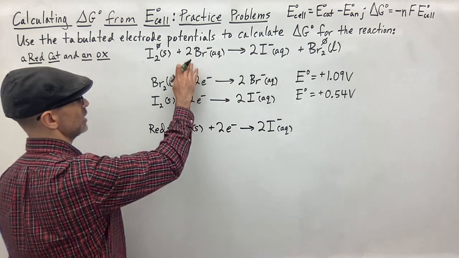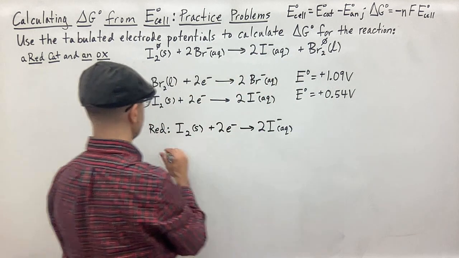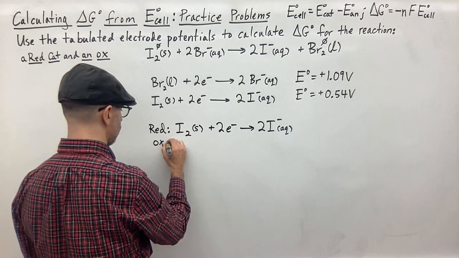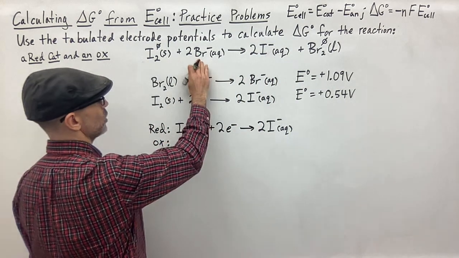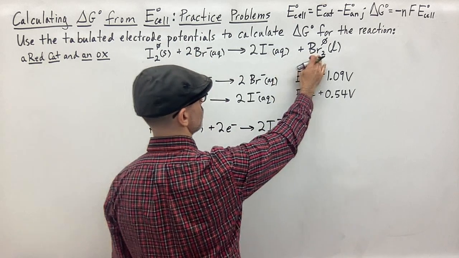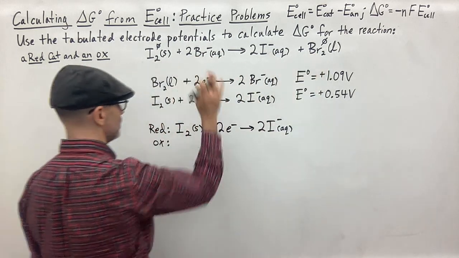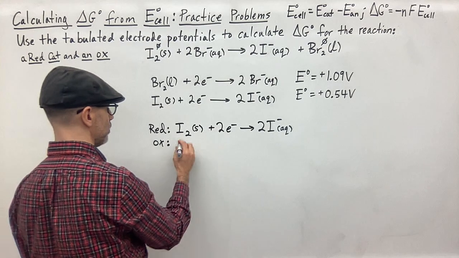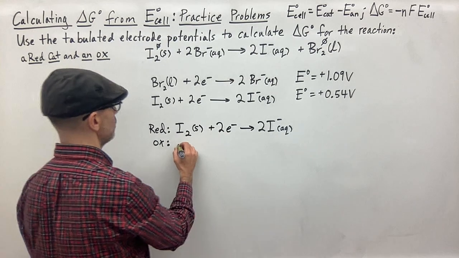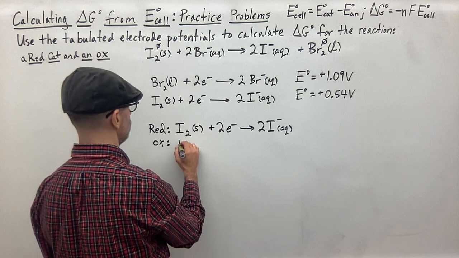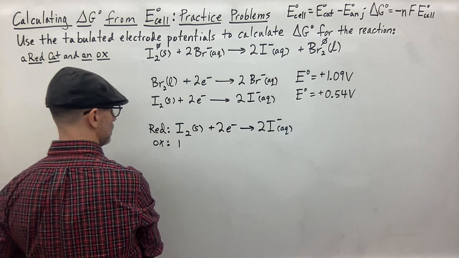And then that means that the bromine is being oxidized. So we'll write that out. We can see that by it going from negative to 0. So it's losing negative charge, it's becoming more positive. So it's losing electrons, and that's oxidation.